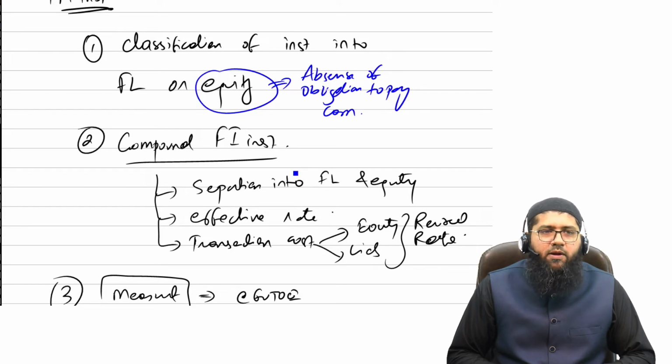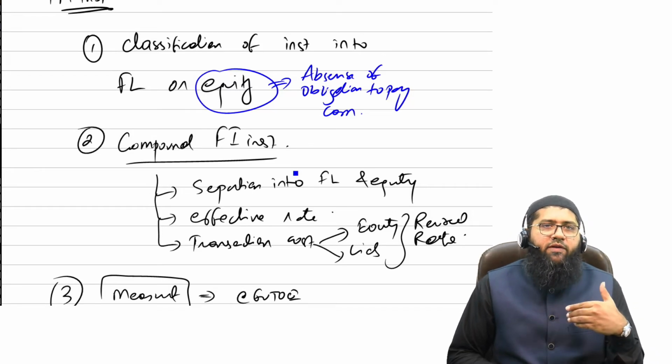Okay, so you are unable to classify whether the temporary differences are going to lead to a deferred tax asset or a deferred tax liability, right?